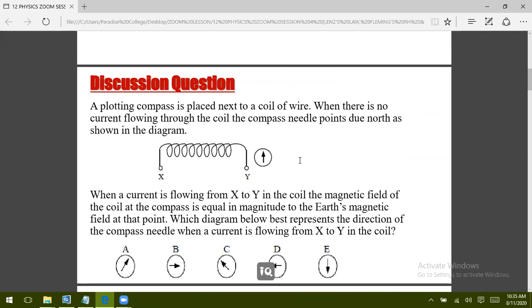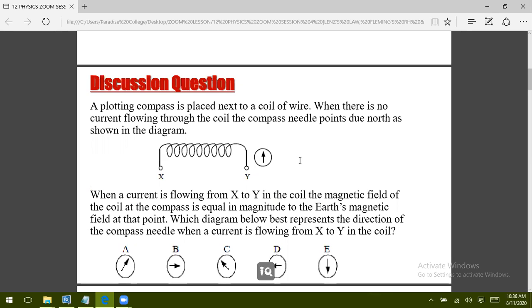I got this discussion question. Check this out. Now the question reads, a floating compass is placed next to a coil of wire. When there is no current flowing through the coil, the compass needle points due north, as it is given in the diagram that you can see.